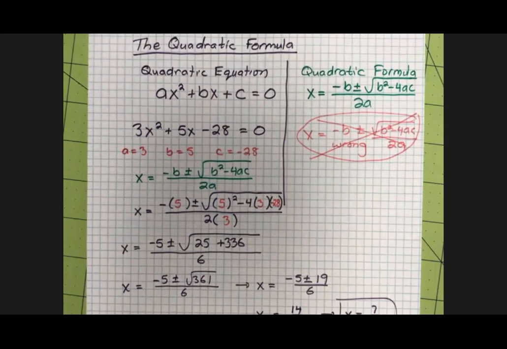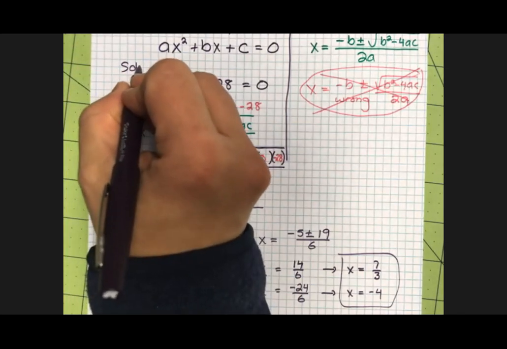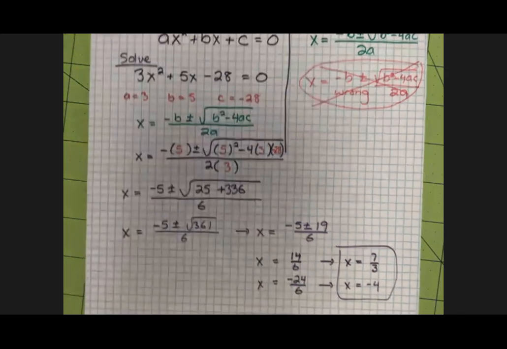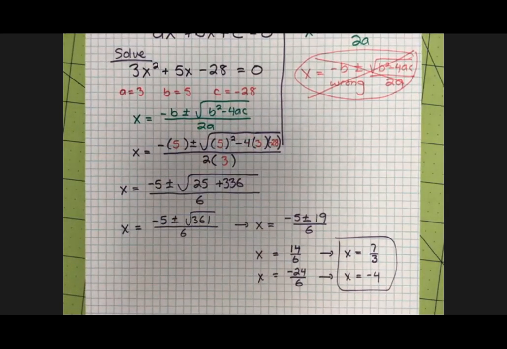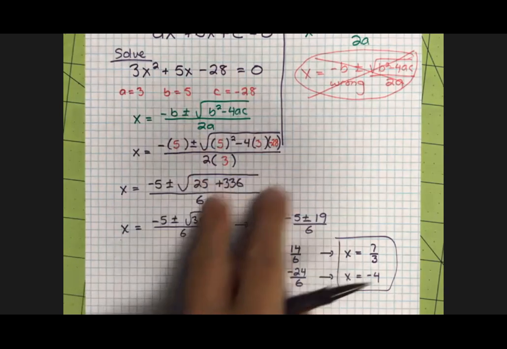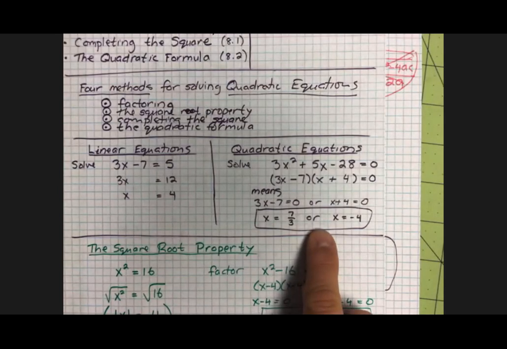Now that is a lot of writing. I don't deny that's a lot of writing. Maybe it's not as much writing as completing the square, but it's still a fair amount of writing. But it is the same answer I got at the very beginning today, right? What does that remind you of? If you can factor, do it, because it's going to save you a lot of time and pain.